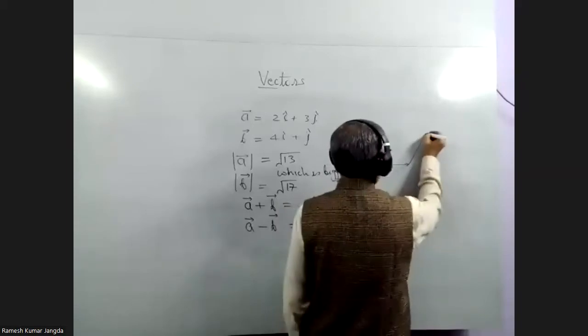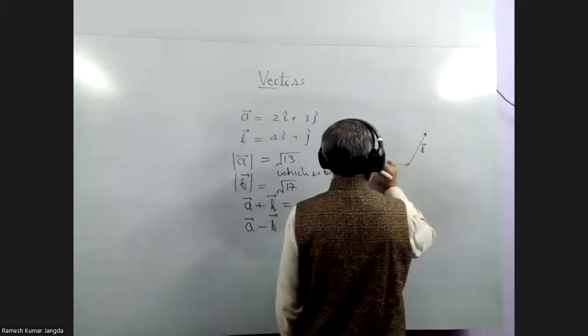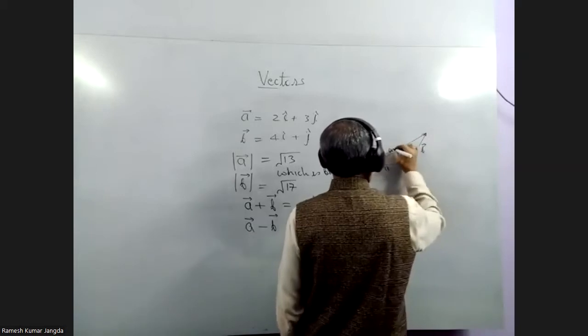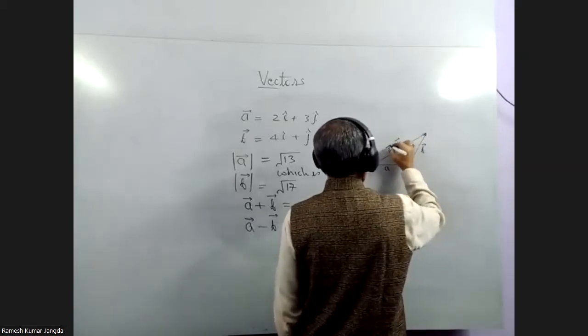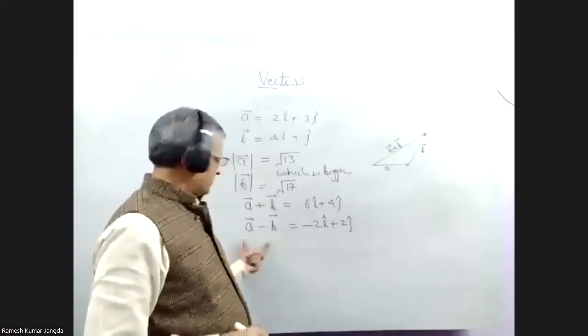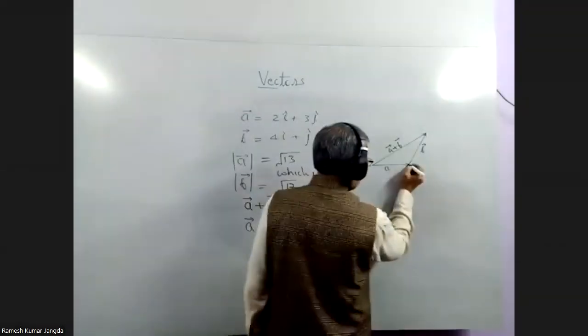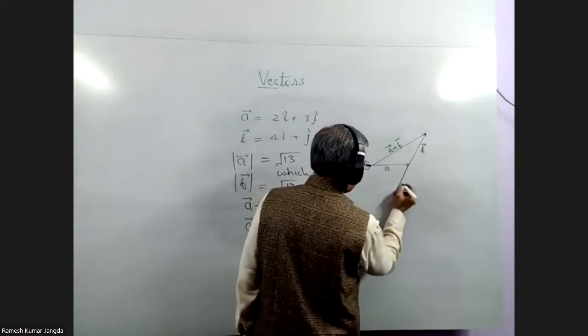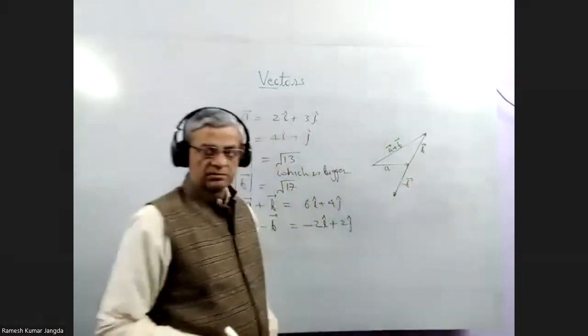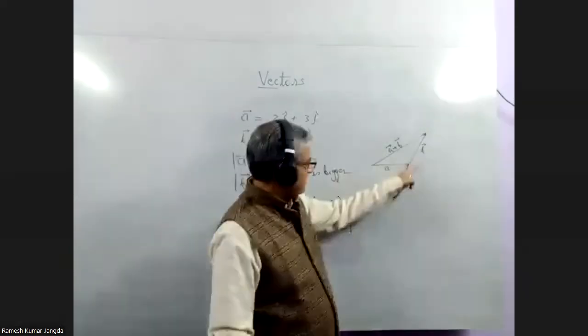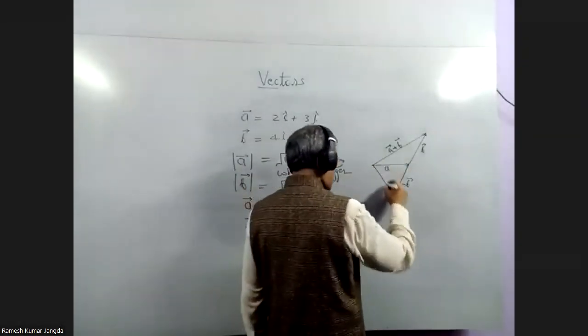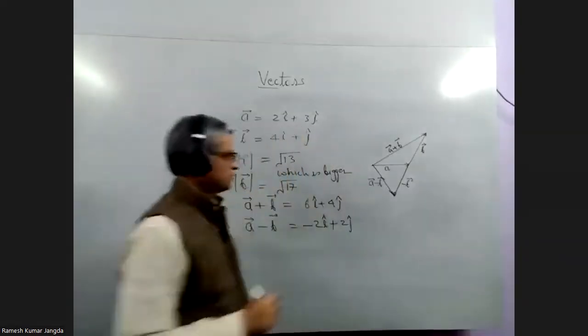This is A, this is B, and this is A plus B. So when we take the difference, A minus B, we reverse the direction of B. This is minus B. And then we add these two vectors, which is given by this. So this represents A minus B.